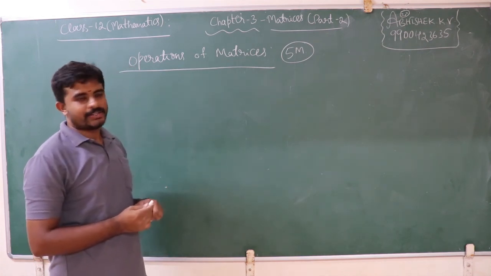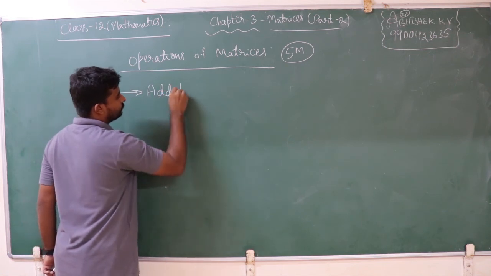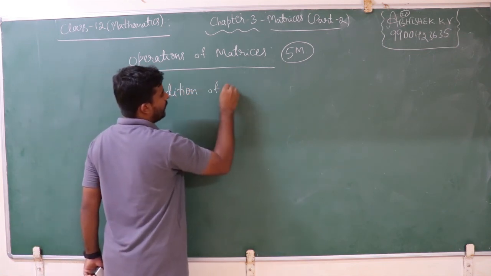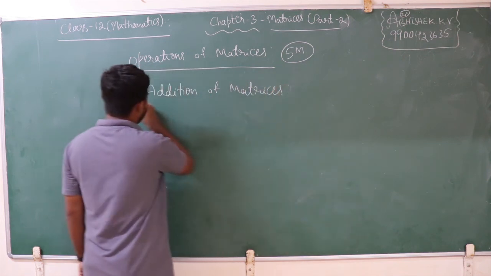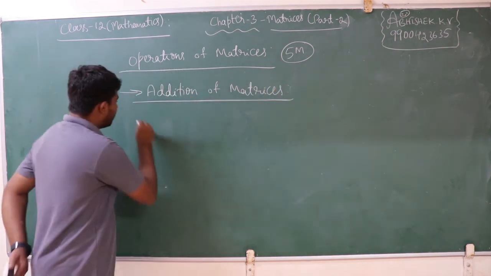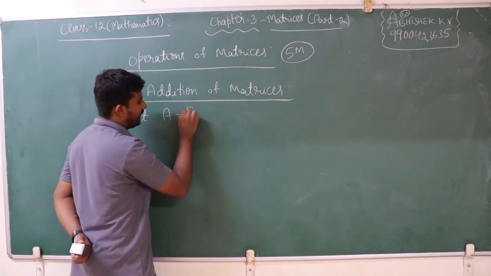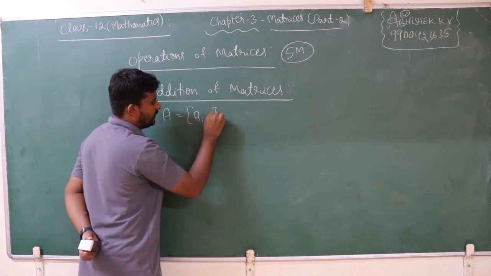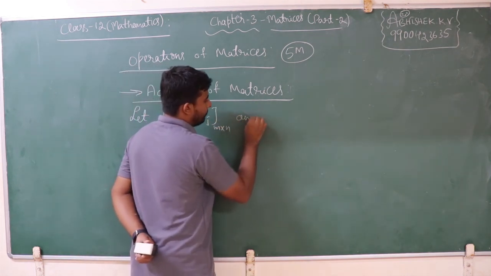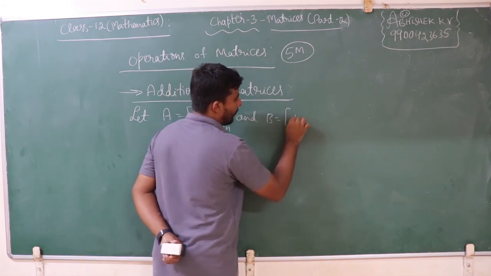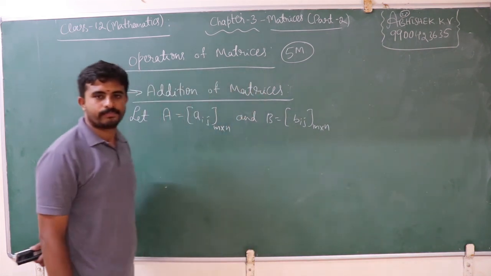See, in operations of matrices, the first operation is addition of matrices. Let us consider two matrices, say A is equal to Aij of order m cross n and B is equal to Bij of the same order m cross n.